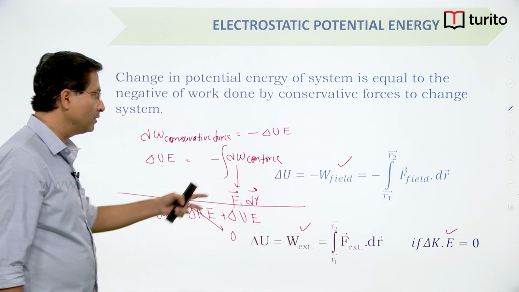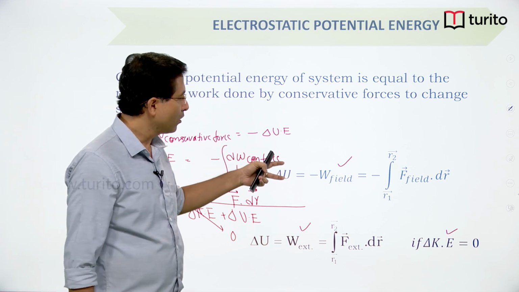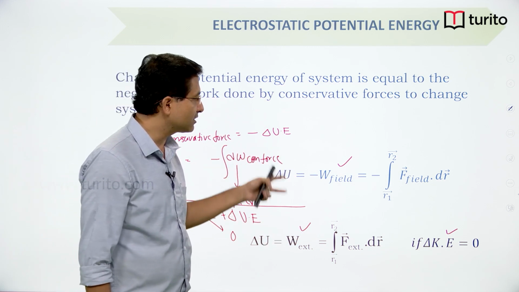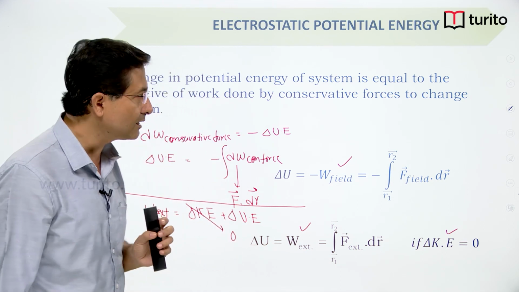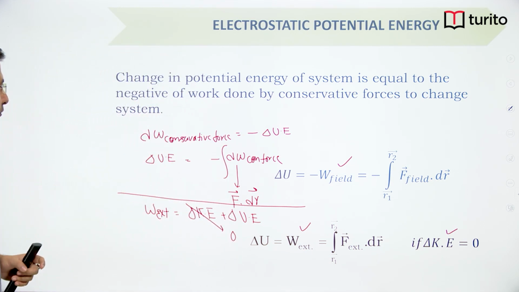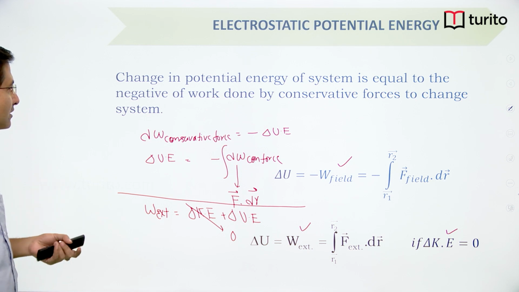So, we will use either definition to find the change in potential energy of the system. I hope the definition is clear: the change in potential energy of the system is equal to negative of work done by conservative force to change the system.